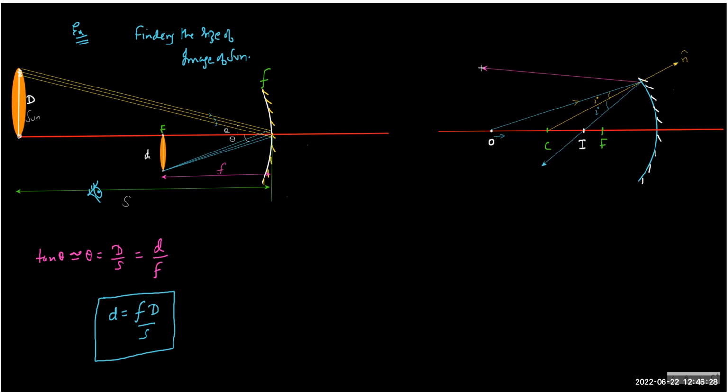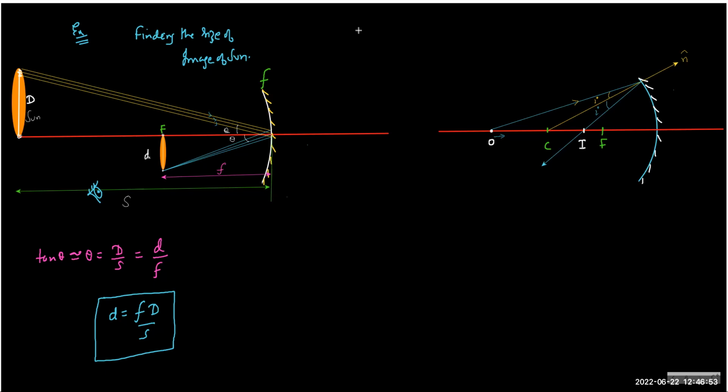Once you cross F, you start getting which image? Virtual image, because the reflected rays are diverging, and any ray which is diverging cannot create the real image, isn't it? Yes. Because they will never meet.